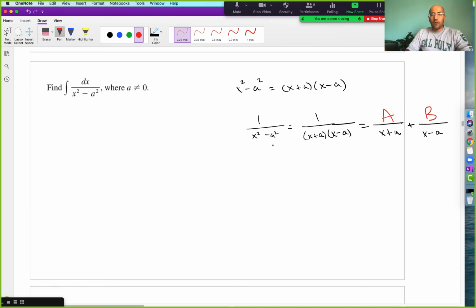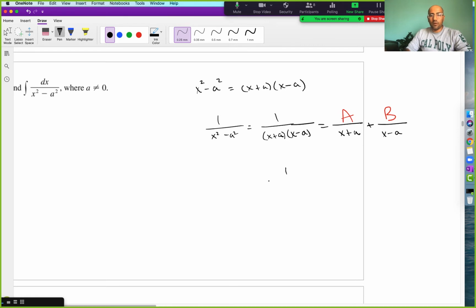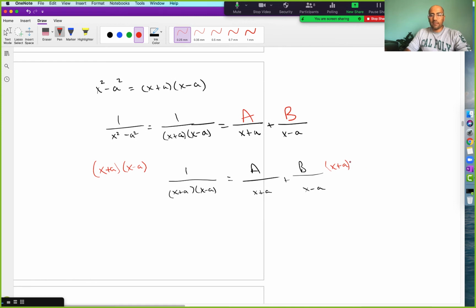All right, so just like before, I'm going to copy this down. I have 1 over x plus a times x minus a is equal to capital A over x plus a plus capital B over x minus a. I'm going to multiply both sides of the equal sign by x plus a times x minus a, and then distribute.